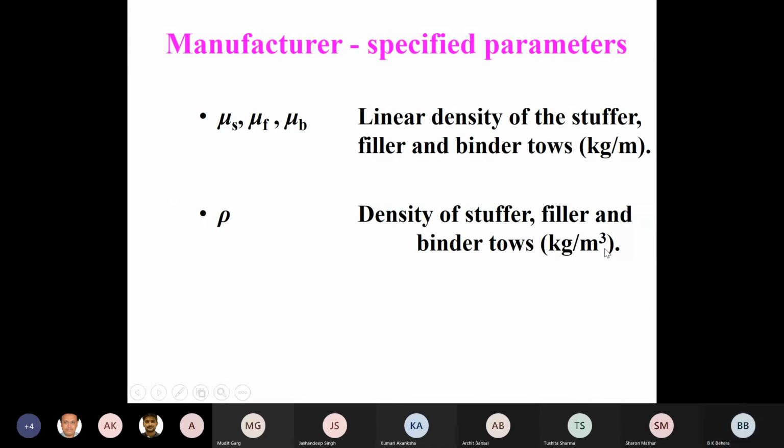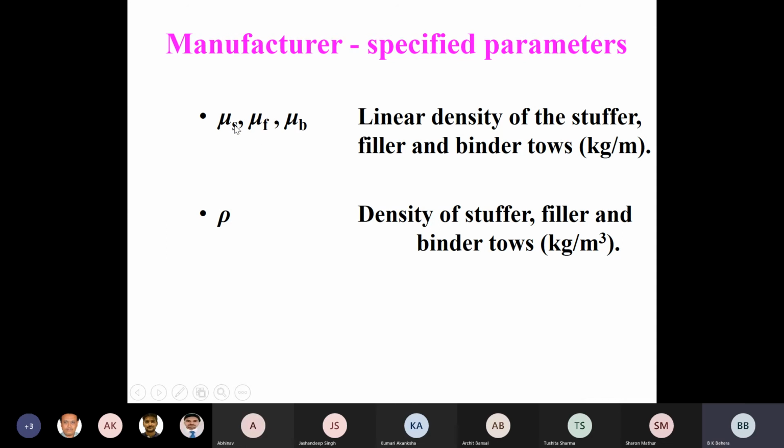Now I will show you only the symbols for all these parameters. These are the symbols used to express the linear density, and it is a 3D fabric. We have three types of yarn: stuffer, binder, and the weft yarn, where F stands for filling.